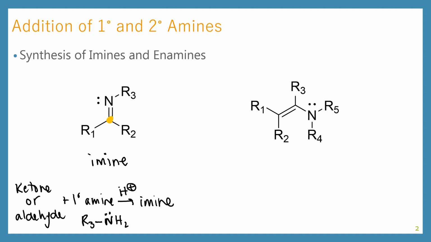An enamine is one of my favorite things. It is a celebrity couple name because we have an amine and an alkene touching the same carbon. Now again, this comes from the reaction of a carbonyl with an amine. This would be our carbonyl carbon.